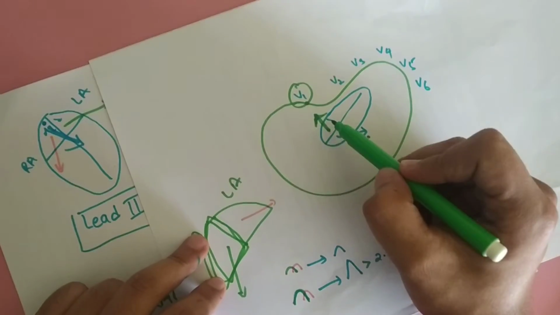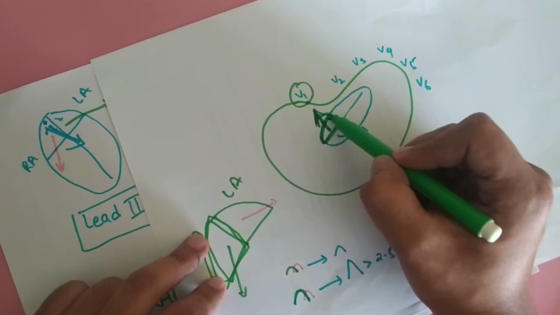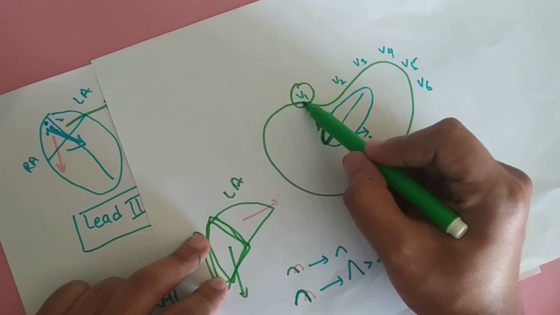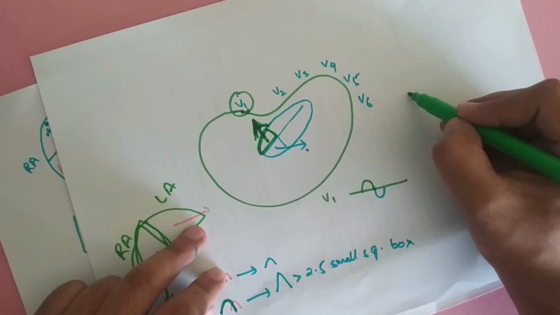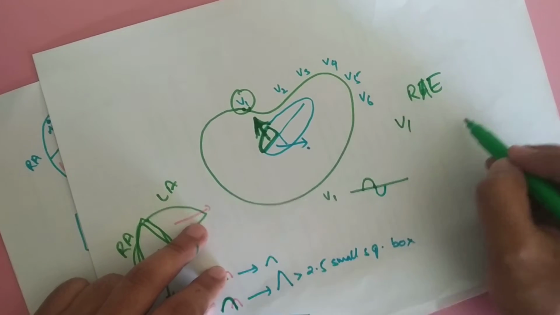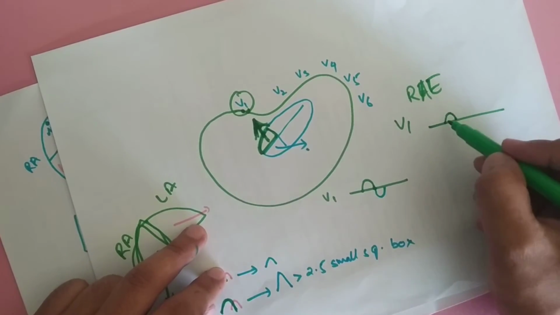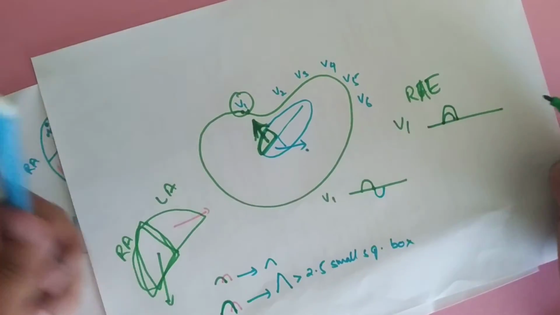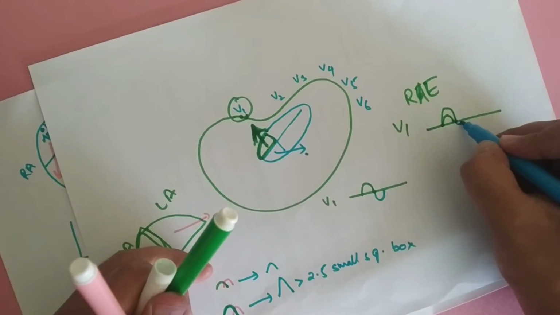Suppose this is your right atrium. When this right atrium is enlarged, then this vector will be greater in magnitude. The greater magnitude vector is facing towards V1, so the positive deflection in V1 will be more. Suppose this is right atrial enlargement, then in V1, normally it was like this, but in case of enlargement, the vector will be more, whereas the left atrium will have a small deflection.